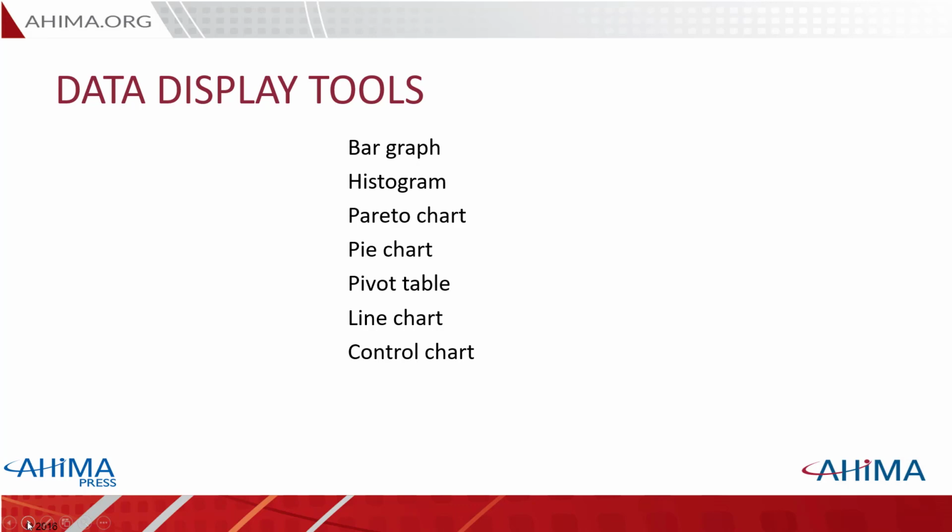Then we have a line chart. So we see these a lot. They're simple plotted charts of data. They're used to show the progress of a process over time, and we can look for peaks and valleys to indicate possible problems with the process. So you see these a lot when they show stock market or blood pressures or respiration rates.